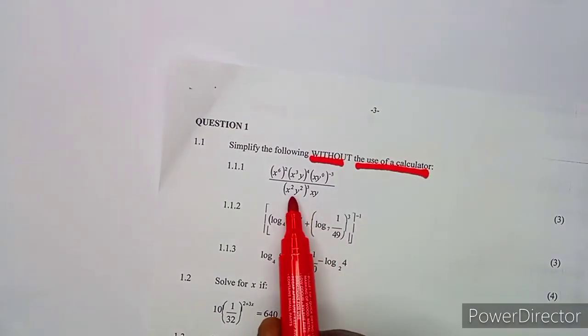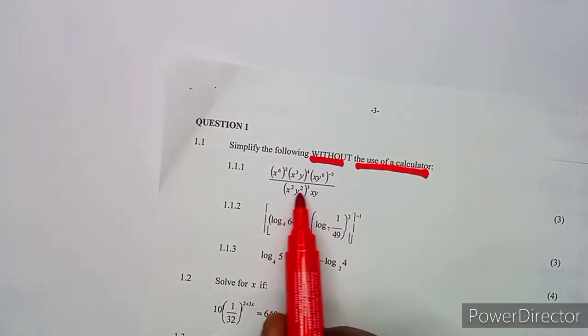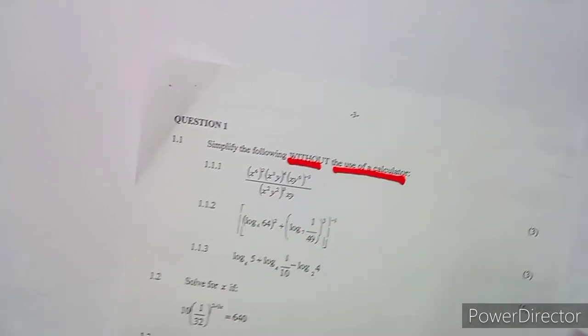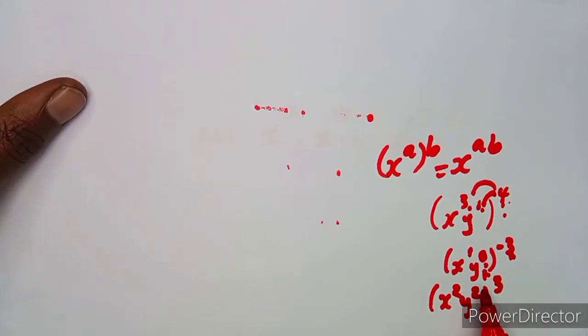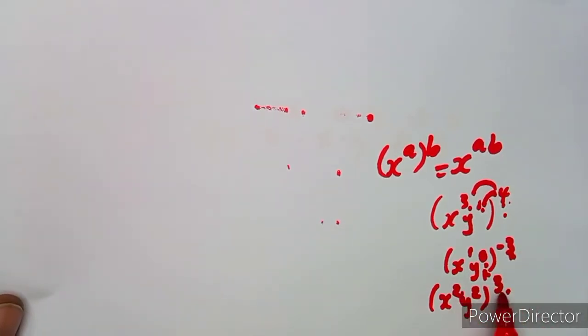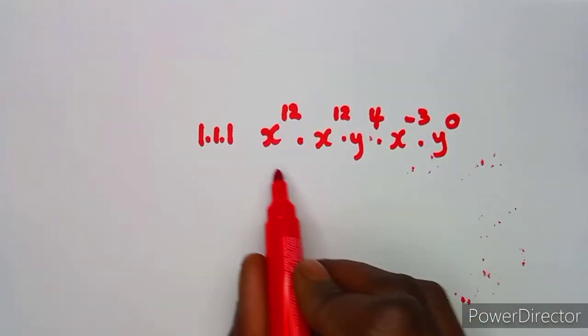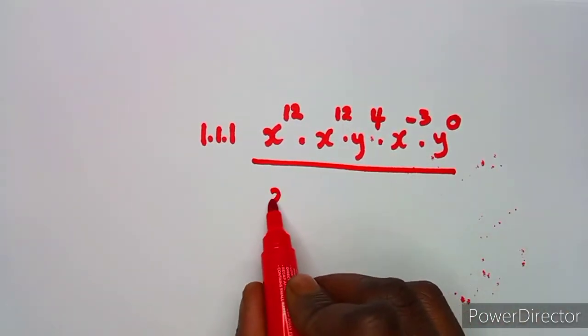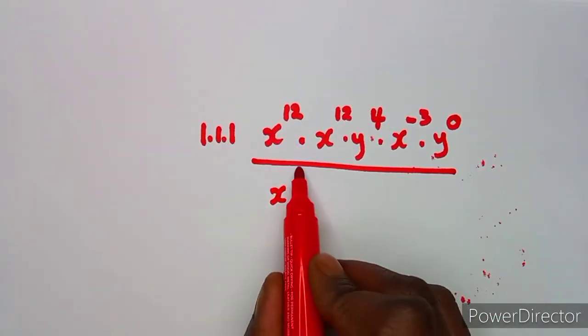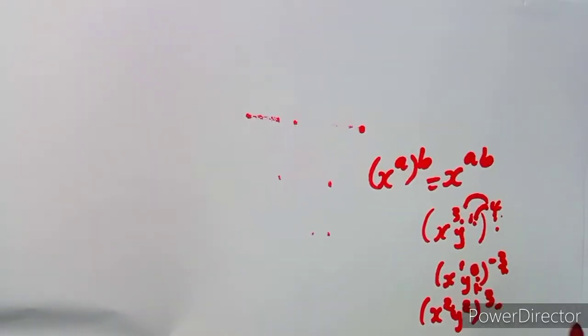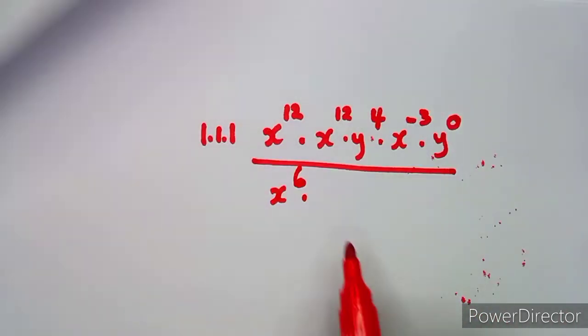Then in the denominator we've got the same case again, to the exponent of 3. So it's x to the exponent of 2, y to the exponent of 2, to the exponent of 3. It's the same thing. 3 will multiply 2 and multiply 2 here, so x to the exponent of 3 times 2, which is 6, and y to the exponent of 3 times 2 again, which is 6.